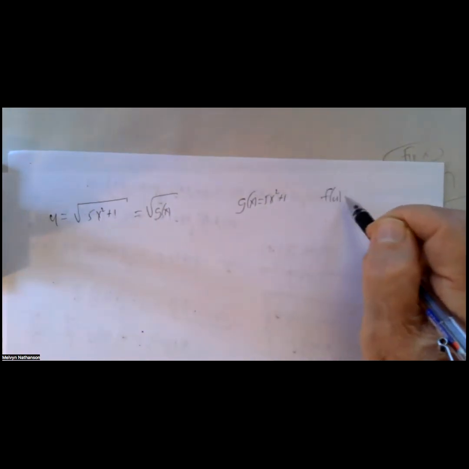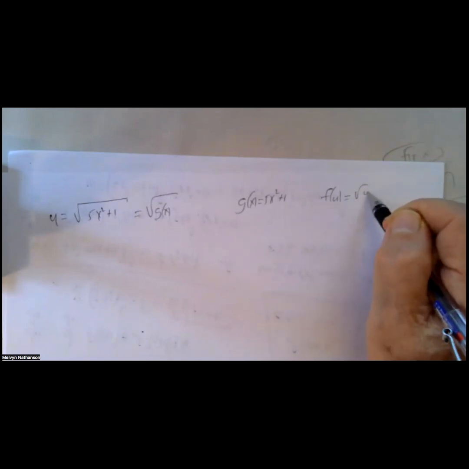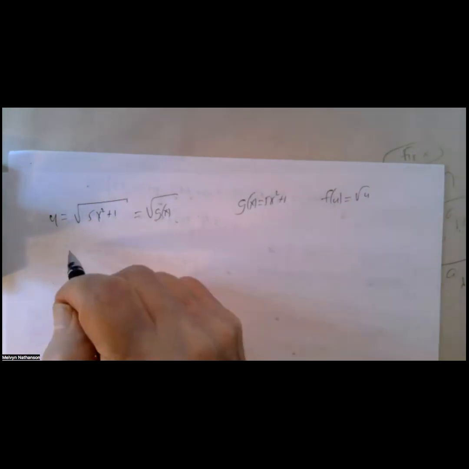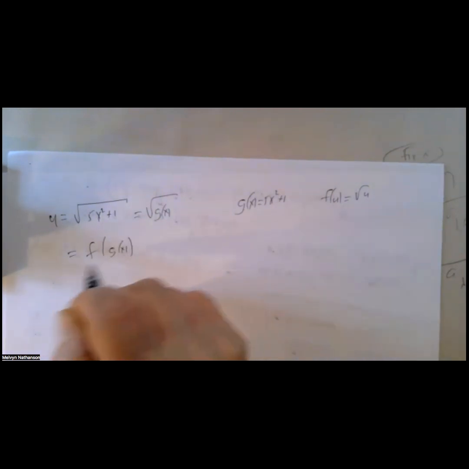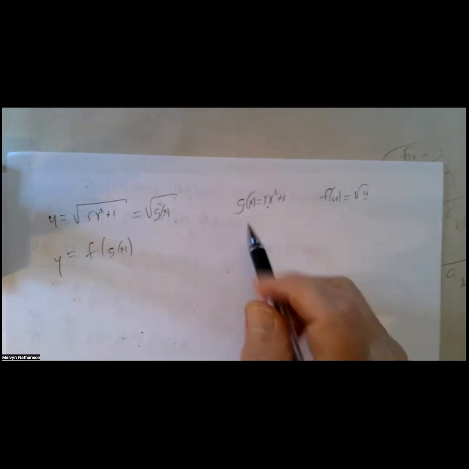Now, if I were to let f of u be the square root of u, this is f of g of x. So here I've decomposed this function into the composite of two simpler functions, a polynomial and square root.